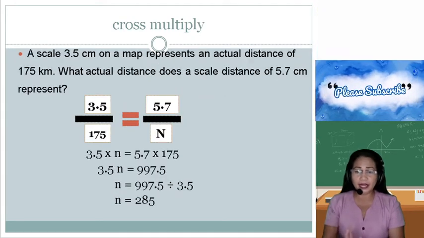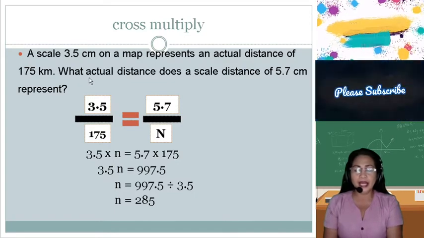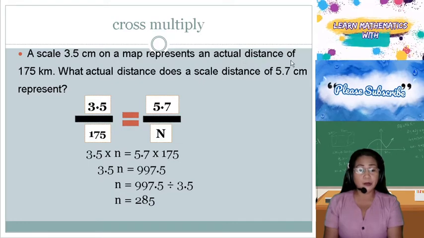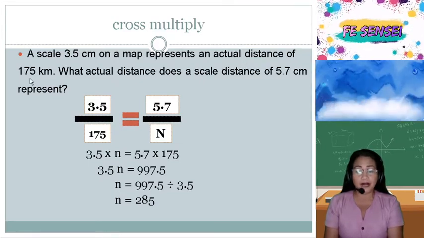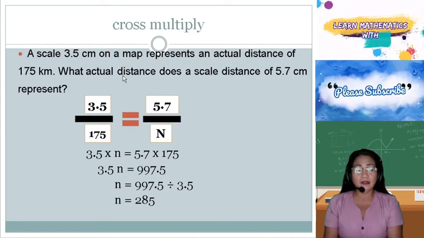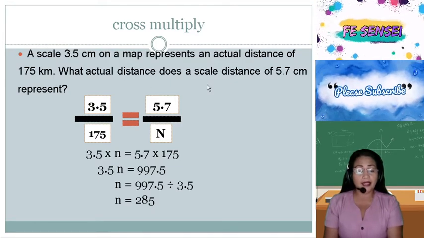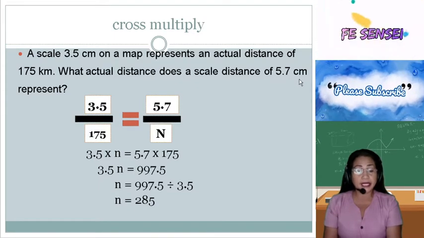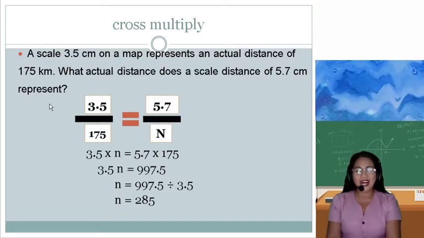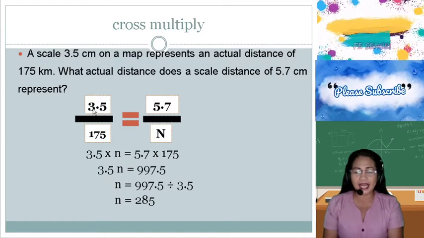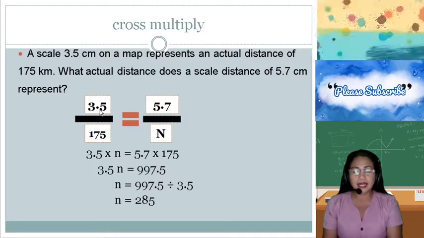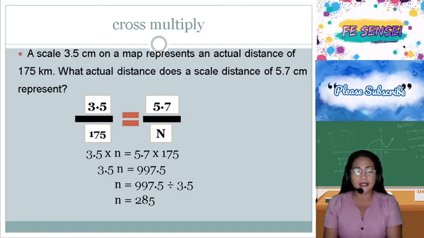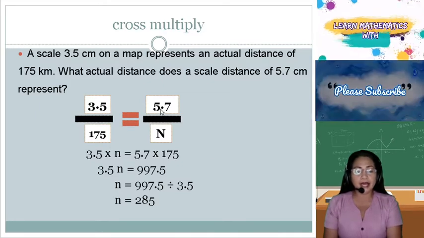For another example, a scale 3 and 5/10 centimeter on a map represents an actual distance of 175 kilometers. What actual distance does a scale distance of 5 and 7/10 centimeter represent? Okay, so for every 3 and 5/10, that's equal to 175 kilometers. And it's equal to 5 and 7/10.